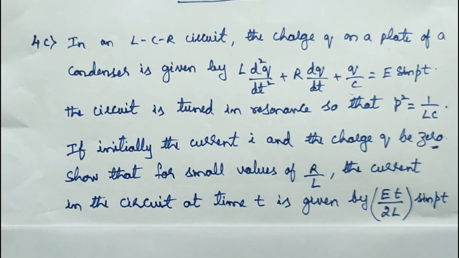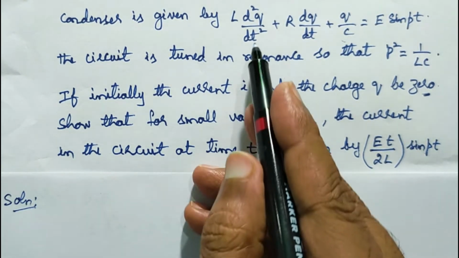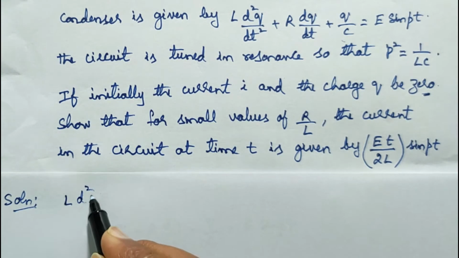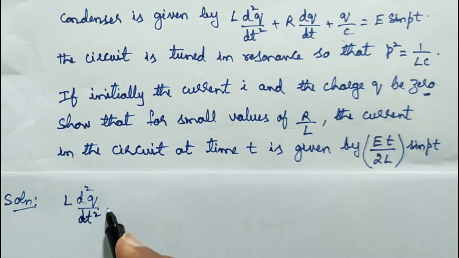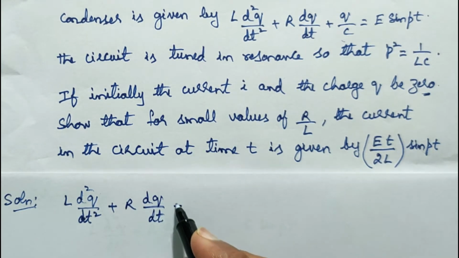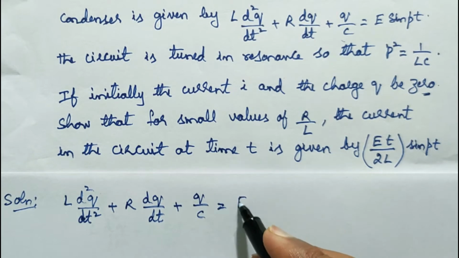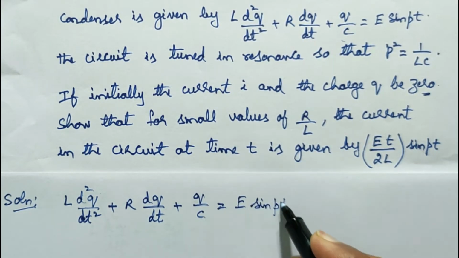So let's start this solution by writing the differential equation. The given differential equation is L times d square Q by dt square plus R times dQ by dt plus Q by C is equal to E times sine of pt.